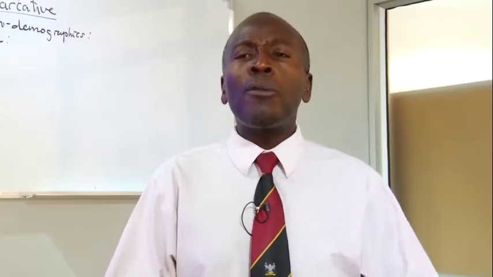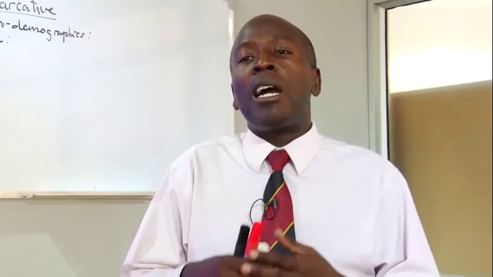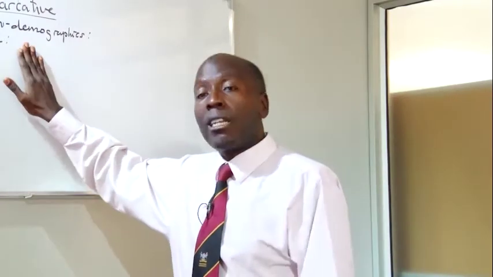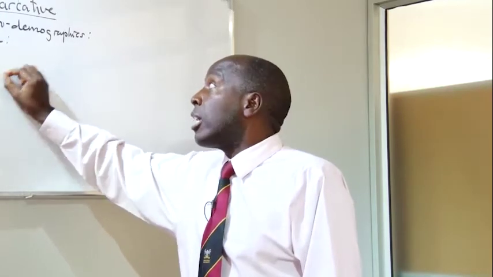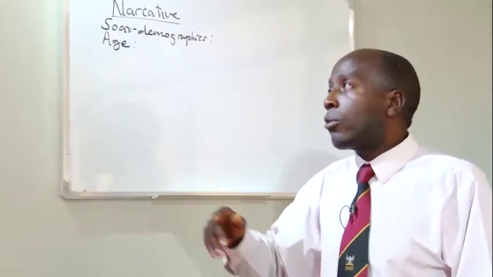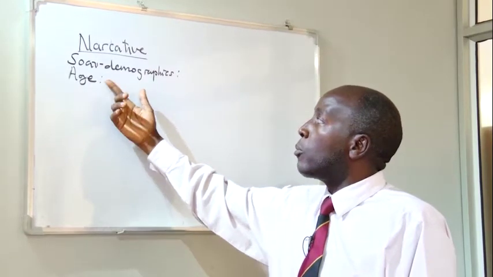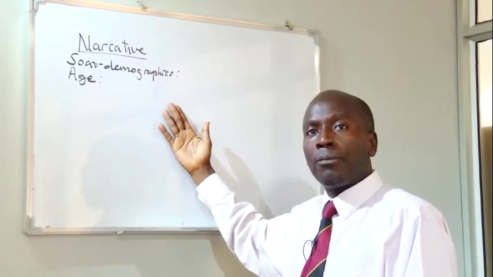So I should be able to explain how those factors are associated with the outcome. And that comes in the narrative. In the narrative part of the conceptual framework, we don't just state the factors again. We have to explain what the relationship is between each of those factors and the outcome.